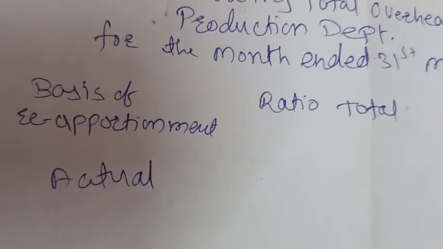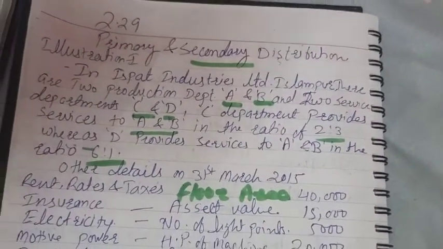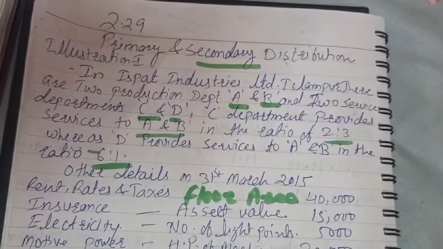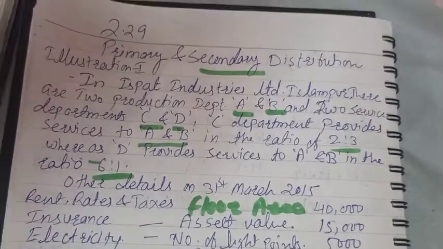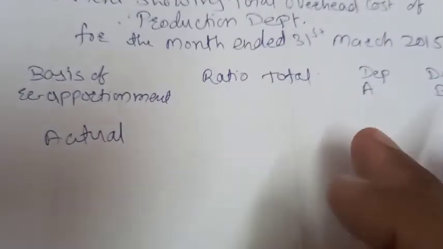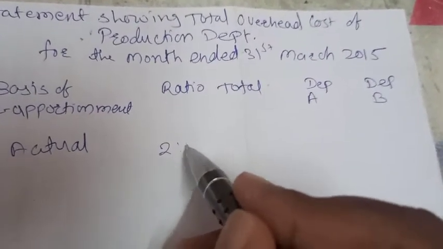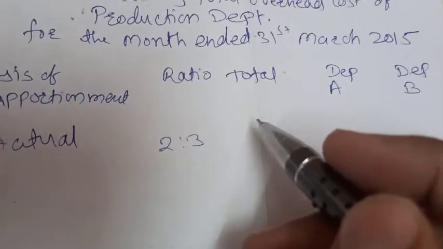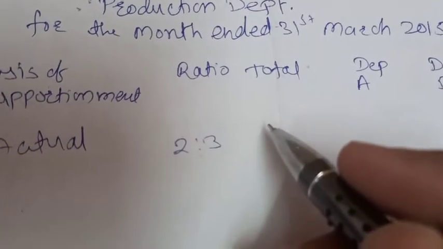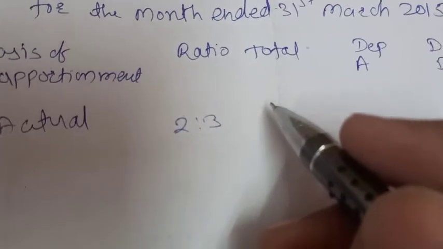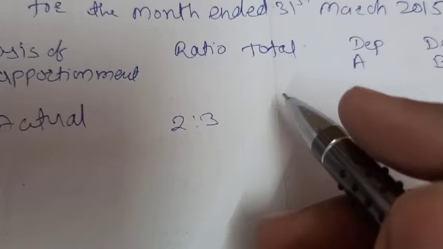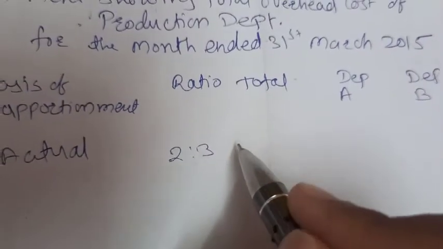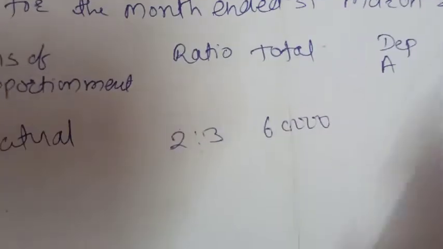What is the ratio for service department C? In this illustration they mention that service department C provides service to A and B in the ratio of 2:3. Therefore the ratio is 2:3. The total amount is as per the primary distribution, which shows the amount of service department C is 60,000.